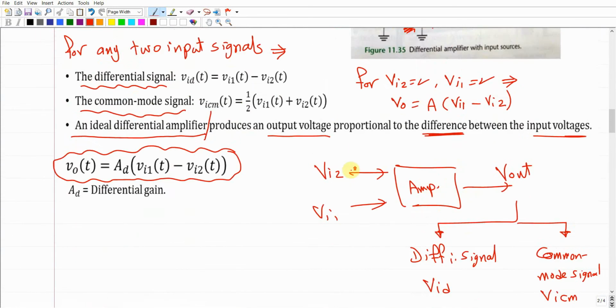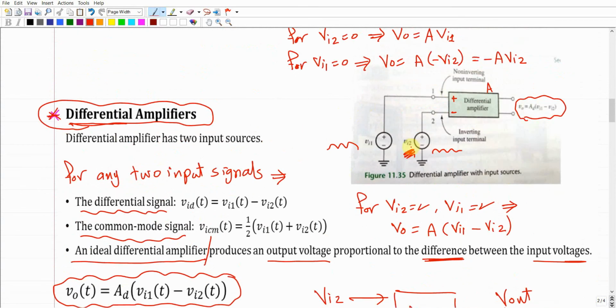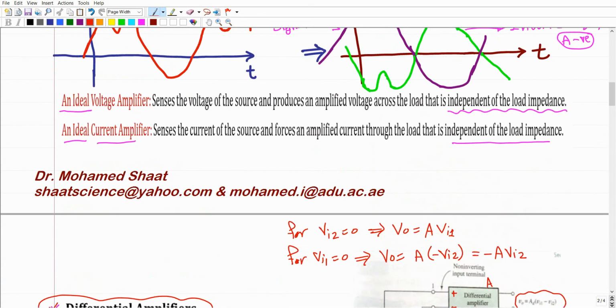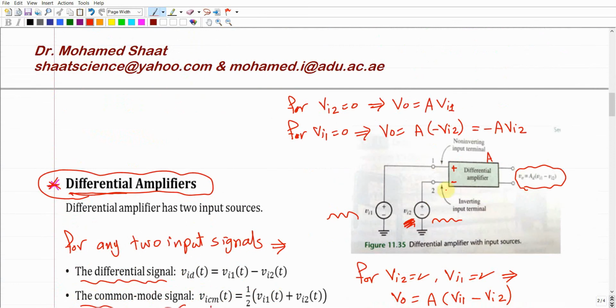So the question is why we are introducing these differential amplifiers? Because the main objective of this part is to discuss and show you the operational amplifier, and these operational amplifiers are already differential amplifiers. So that's why we have to define what a differential amplifier means. Some amplifiers have only a single input and give one output.